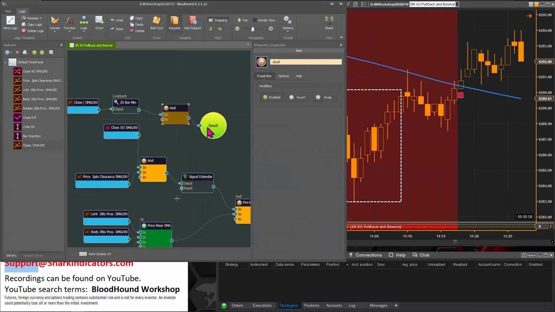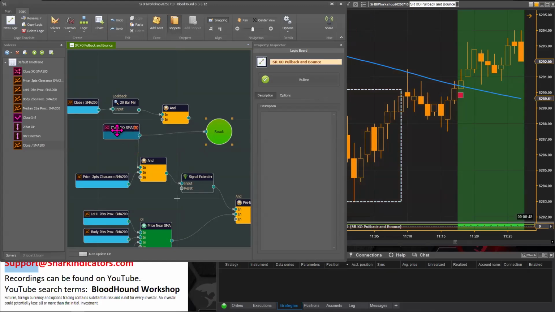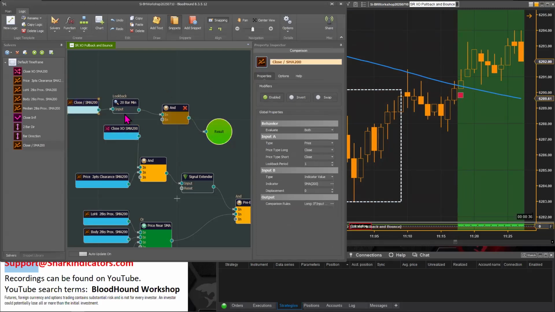Let's disconnect it. Our output goes all the way up, just before our little red square. But then if we look at the crossover signal here, the crossover is actually on the other bar, and it's the other direction as well. So actually, here, let's fix this.